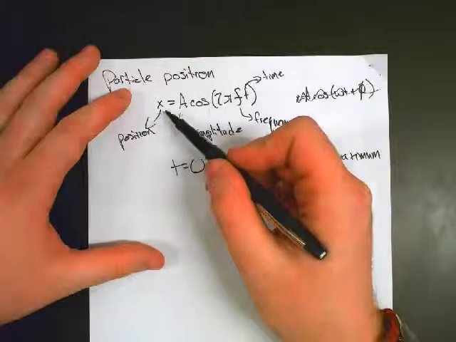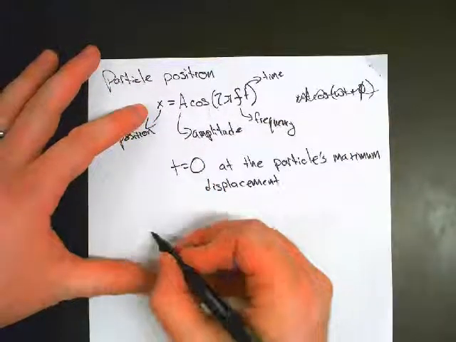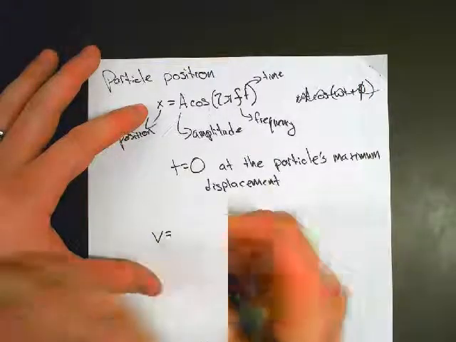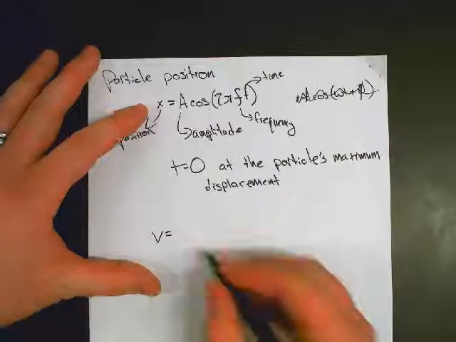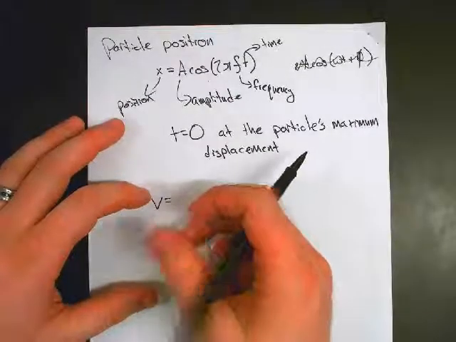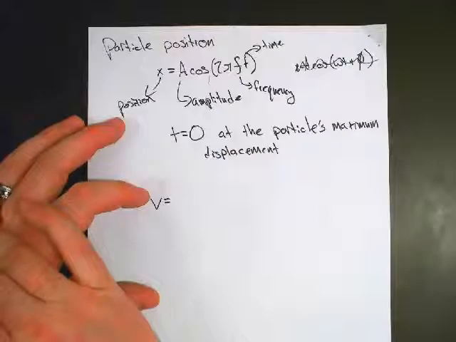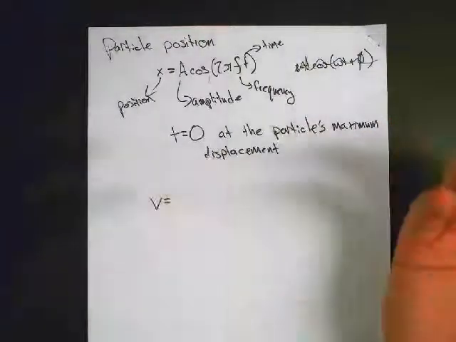It's cosine. So calculus students, if I wanted to know the velocity equation, what's it going to look like? If I want to know the velocity of that particle, calculus students, I just take the derivative of the position function. Everybody else, this equation magically appears in front of you, and you can totally just use it.